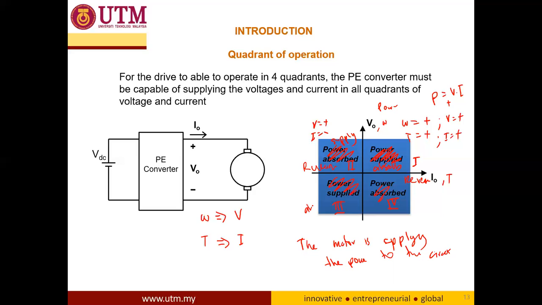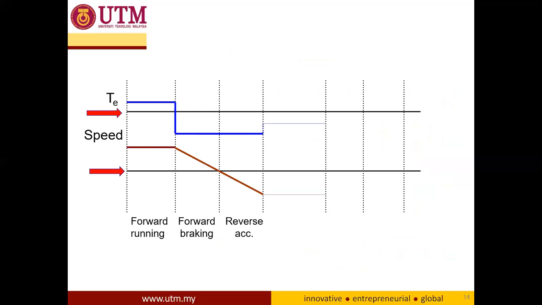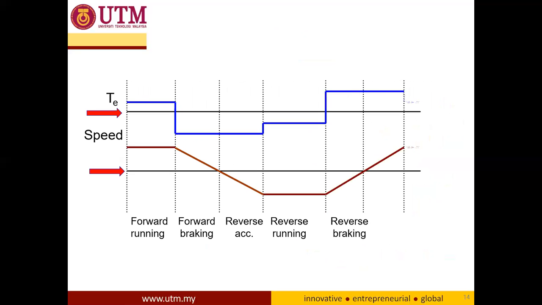This one is also absorbing, and this one is actually supplying. So when the motor is in reverse, you are supplying the power to the supply. This one I think we just go through.